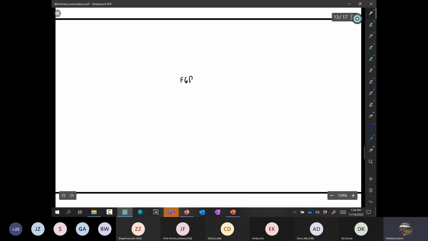Fructose 6-phosphate, fructose 1,6-bisphosphate. Okay, and then we'll draw up here glucose going that way. And then we'll have it continue on this way, and this is going to make eventually, right, pyruvate.